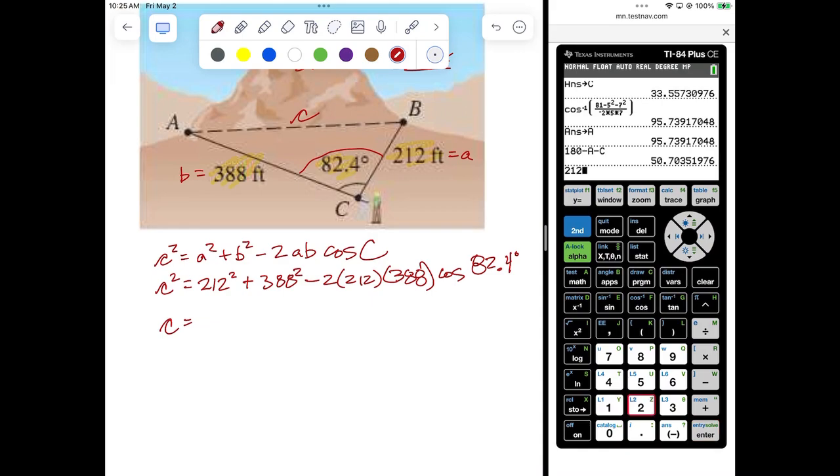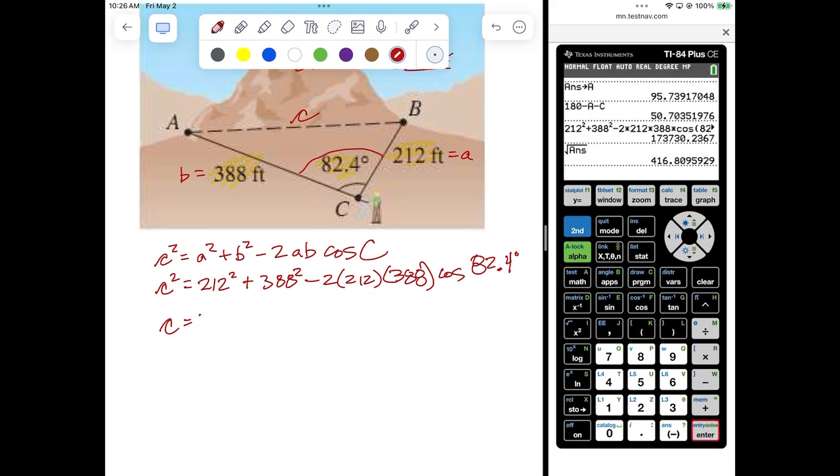Okay, so here we go. 212 squared plus 388 squared minus 2 times 212 times 388 times cosine of 82.4. Close parentheses, hit enter. Is that the length of the tunnel? Nope, I've got to hit second x squared and then second negative. That recalls the answer.